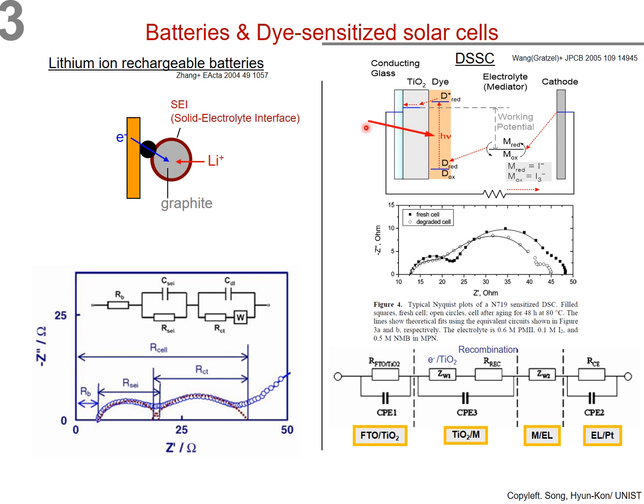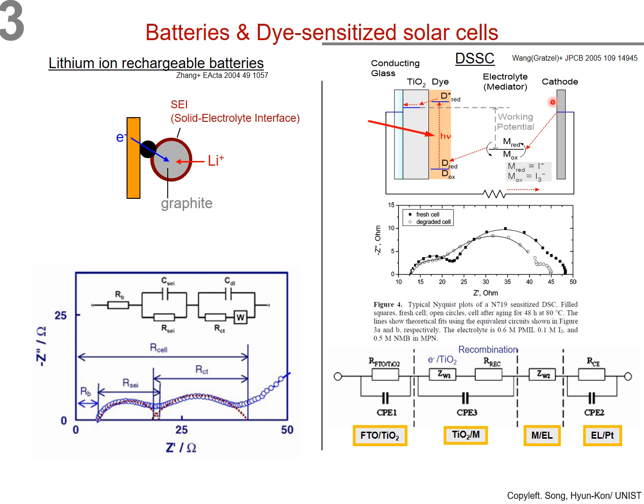When light is incident on the dye, the electrons of the dye are excited from the ground state to the excited state. Then the electron is transferred to titanium oxide, then conducting glass, then through the copper wire, and finally reaches the counter electrode, usually platinum.